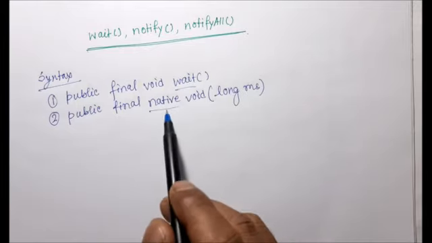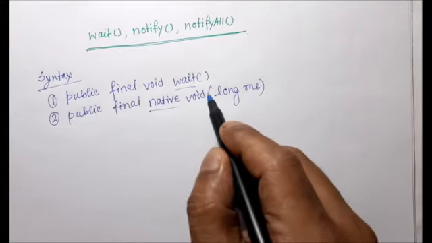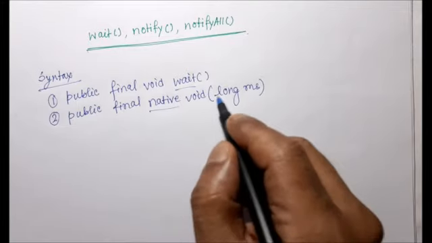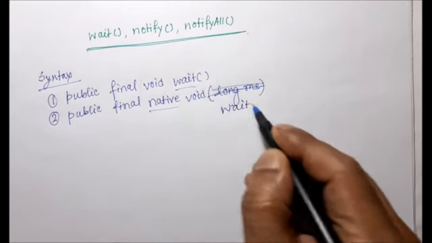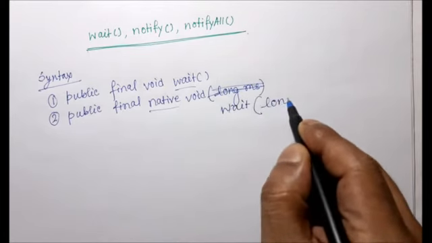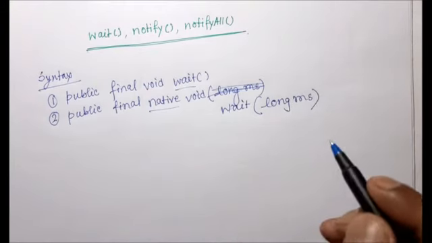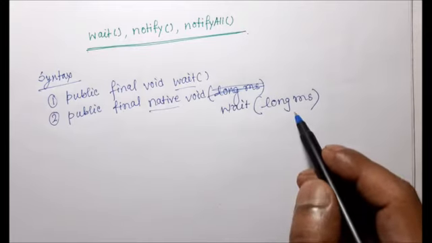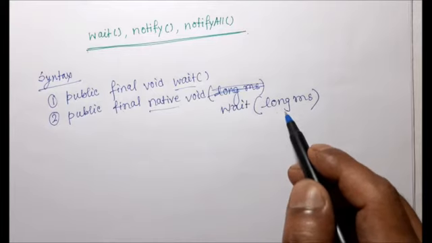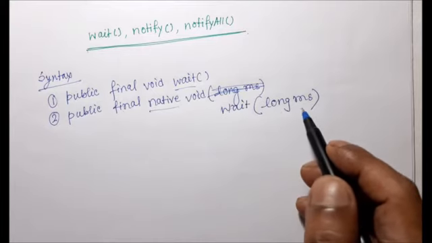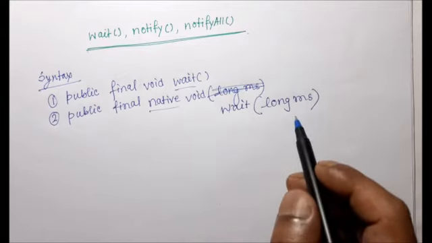So this is the native method we can use: native void wait(long millisecond), where we have to give some time. For example 2000 means 2 seconds. So we can use this native method also.